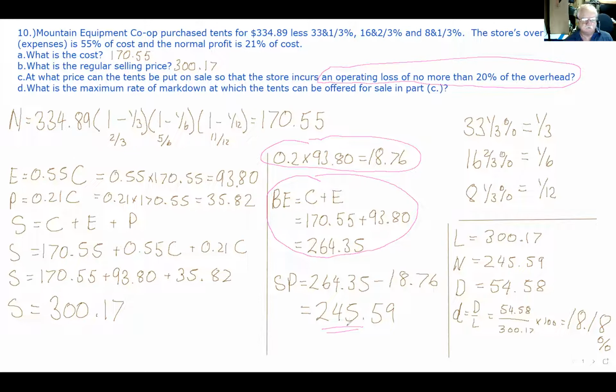So any questions on how that worked? That part C makes it quite a tricky question. Excuse me, sir. Yes, so what is the answer of part C? It's 18.76. Yes, I could put that up there.